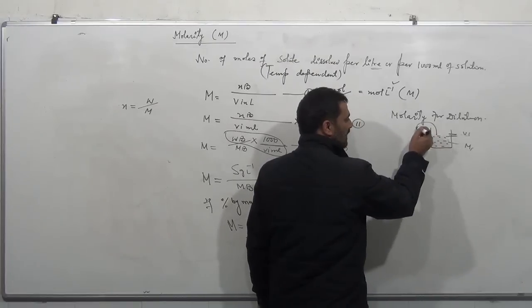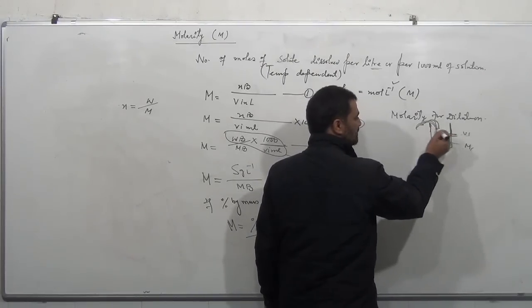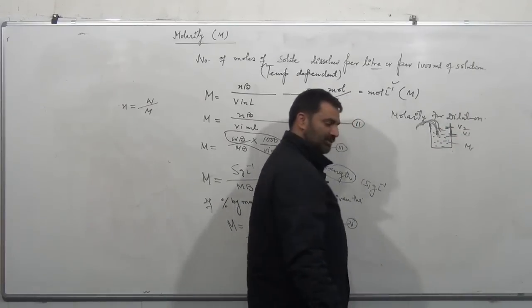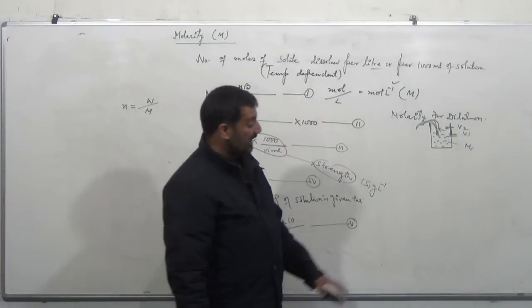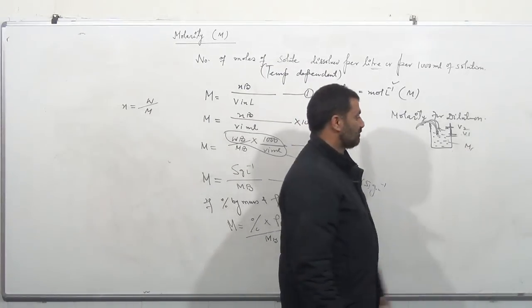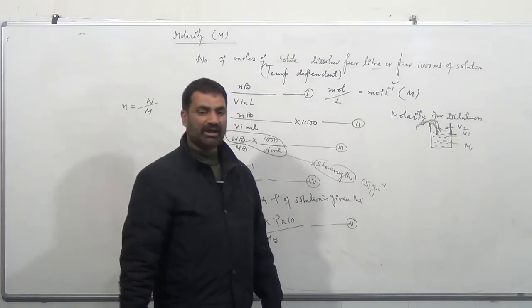Now add some solvent to this. Its volume certainly changes. Now say this volume is V2. Then the molarity also changes. So the final molarity, M2, is unknown, and we have to calculate it.